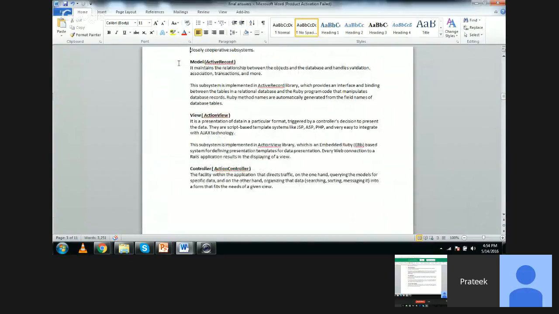Actually, what Raksha is saying can be an elaborative answer of the second part, how it is implemented in Rails, right? Yes, I wrote about how it is implemented in Rails. I made model correspond to Active Record, and view similar to Action View in Rails.